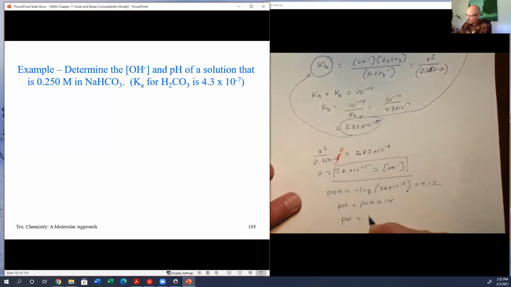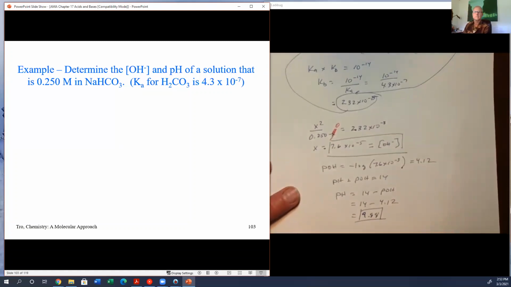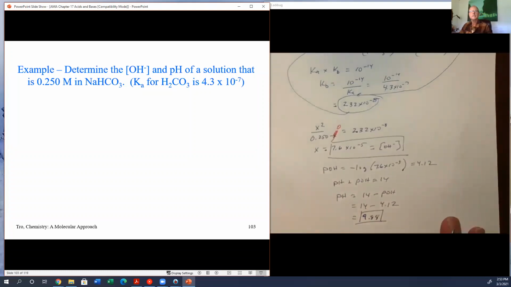So pH is equal to 14 minus 4.12, which is equal to 9.88. Does that make sense?